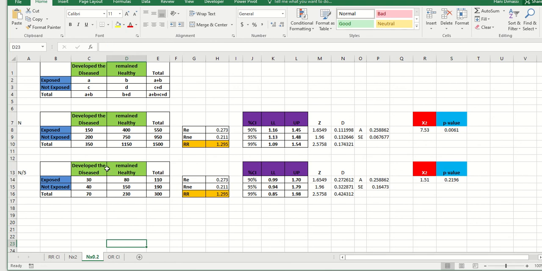Okay. So again, this is the original data here. And now multiplying that by 0.2, I'm making things smaller. So instead of a total of 1500, I have a total of 300. And the risks are not changing, and the relative risk is not changing. However, look at the standard error.